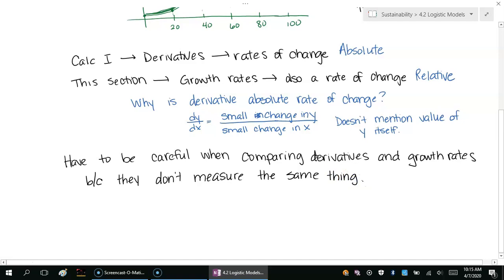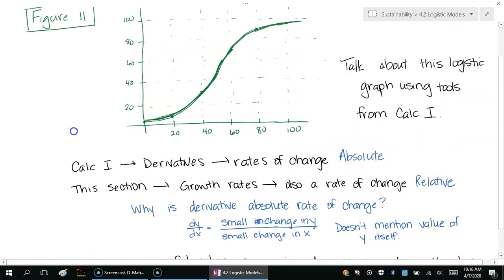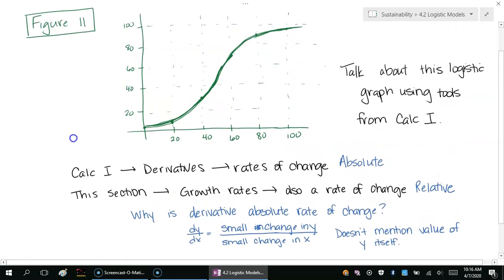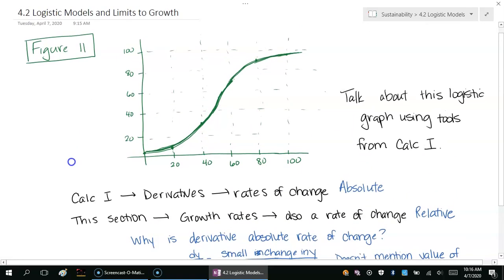And that's actually why I want to go through this example, because the logistic curve has a characteristic shape that your book describes in terms of growth rates, but I think having taken calculus, many of us think in terms of absolute rates of change instead. And I want to compare the two so that you can build your intuition from this graph.